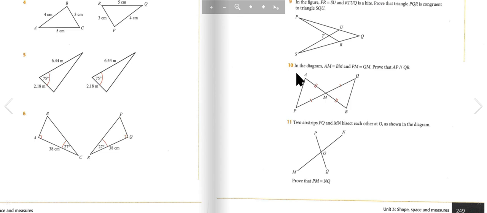And since AM equals BM and PM equals QM, these sides are the same and these sides are the same. These angles are the same, so it means these triangles are congruent because SAS. And since these are corresponding sides, AP equals QB.